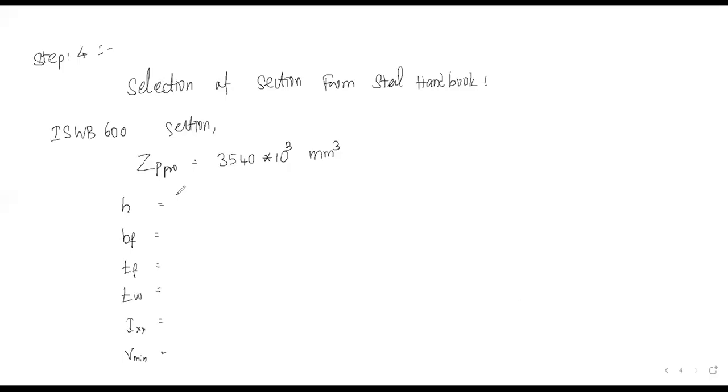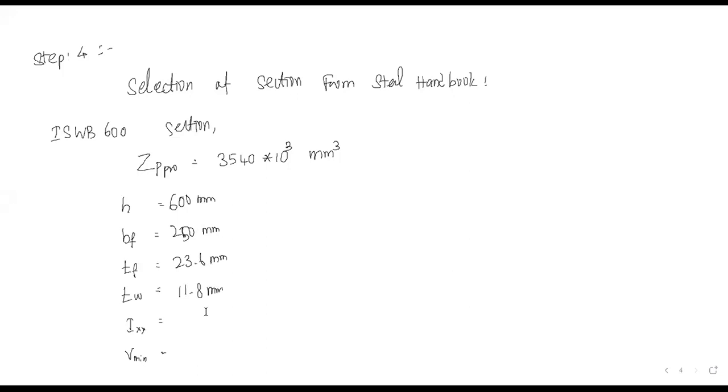So H value is 600 mm, breadth of flange is 250 mm, thickness of flange 23.6 mm, and thickness of web 11.8 mm.